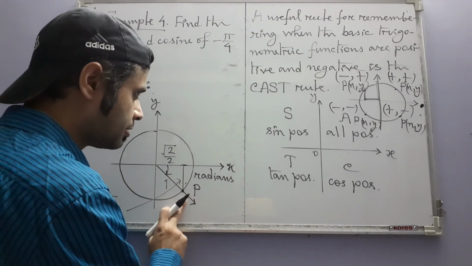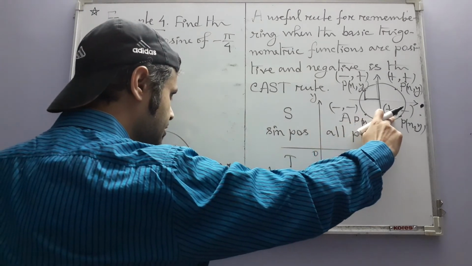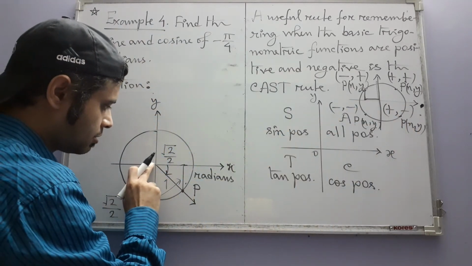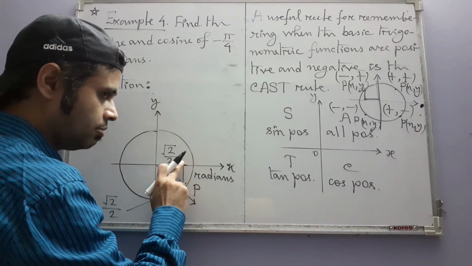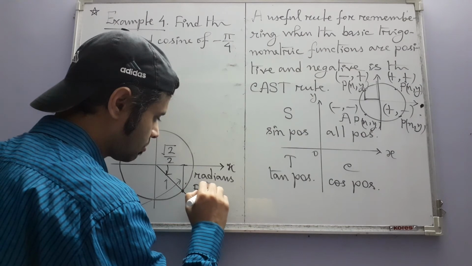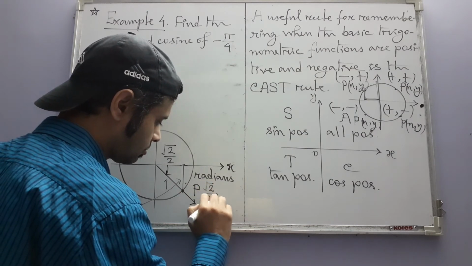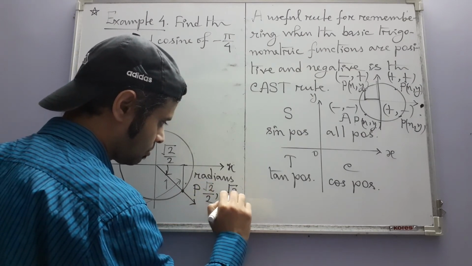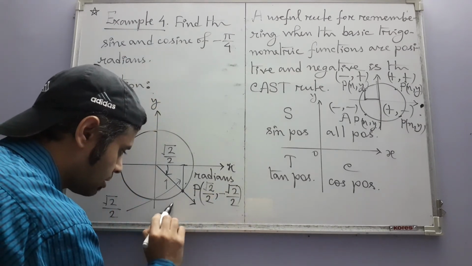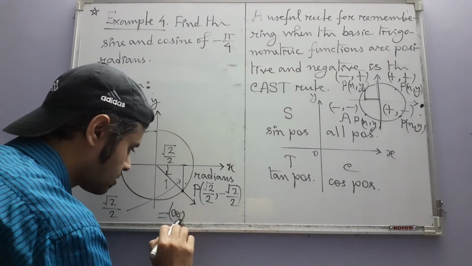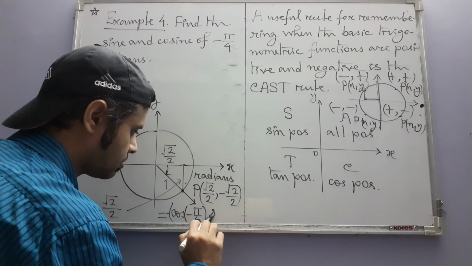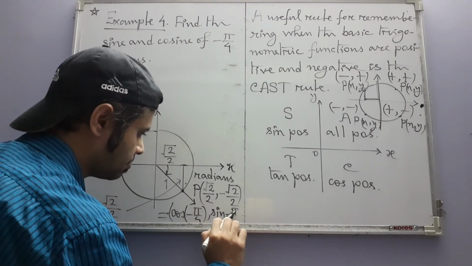In the fourth quadrant, x is positive, y is negative. So that means square root of 2 divided by 2, minus square root of 2 divided by 2. And the x coordinate is your cos minus pi by 4, and y coordinate is your sine minus pi by 4.